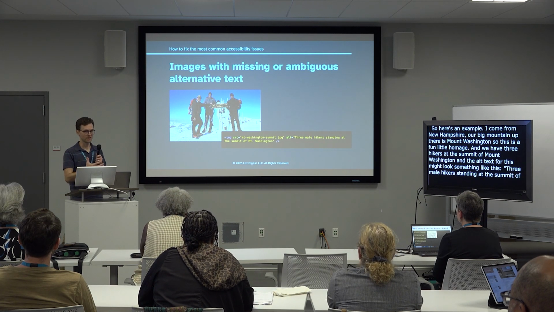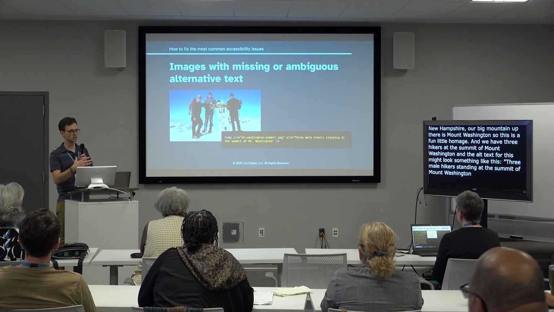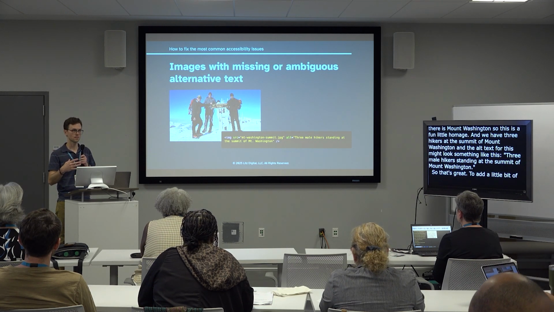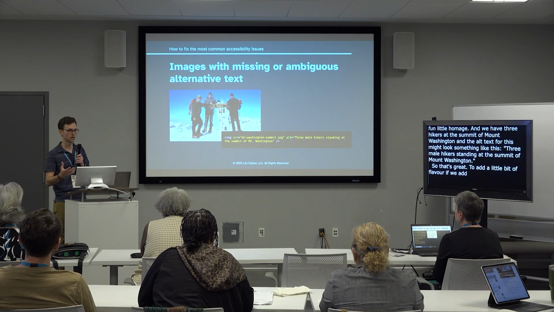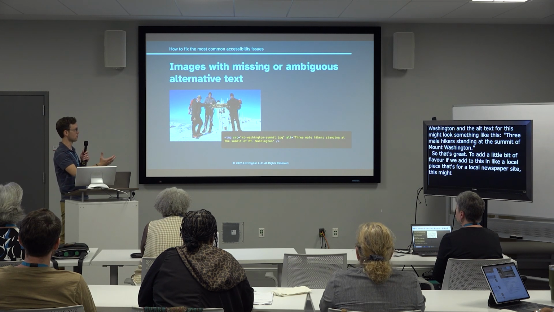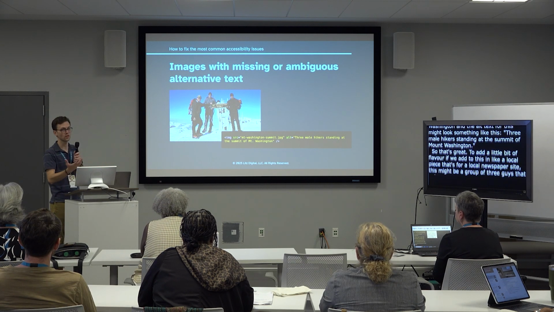To add a little bit of flavor, if we imagine this image in the context of, say, a local piece that's done for a local newspaper site, this might be a group of 3 guys that got together after years apart and decided to do this goal that they always said that they had.